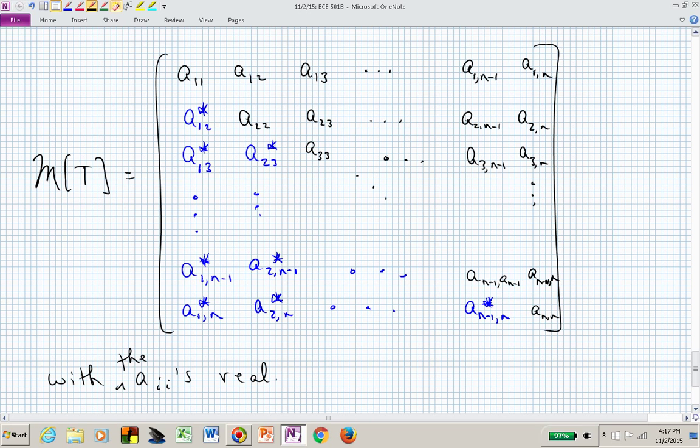So this is now A sub ii. Those are the diagonal entries, with the A sub i's real. And that's now on the diagonal. Those entries are real.